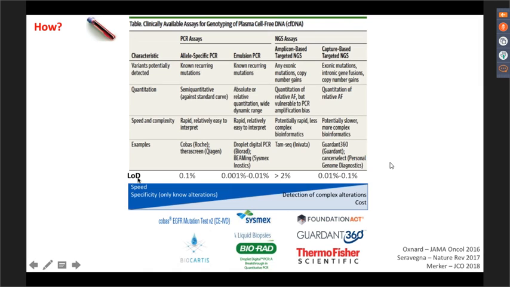And here you have the limit of detection of the different methods. You can see that they go from 2% to 0.001%. The sensitivities are really different, and we have to consider this characteristic of the techniques that we are going to use according to the type of question that we want to answer when we analyze a blood sample.